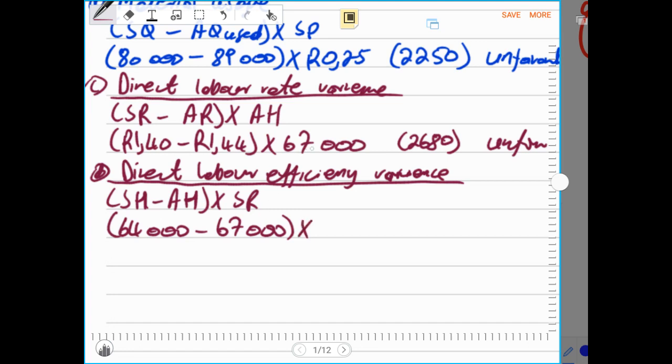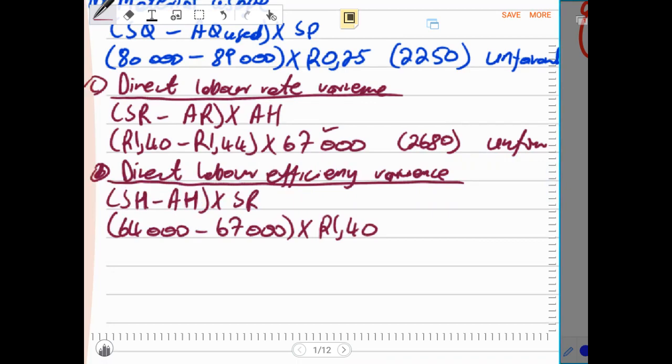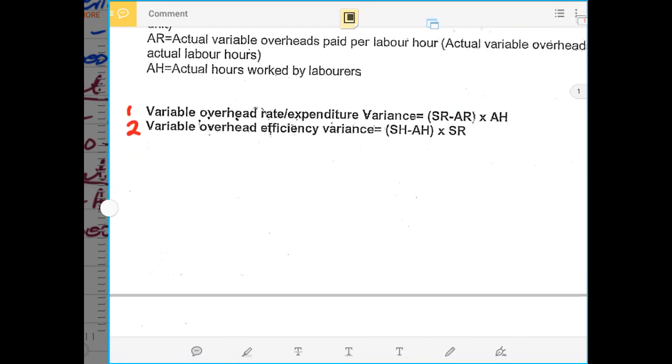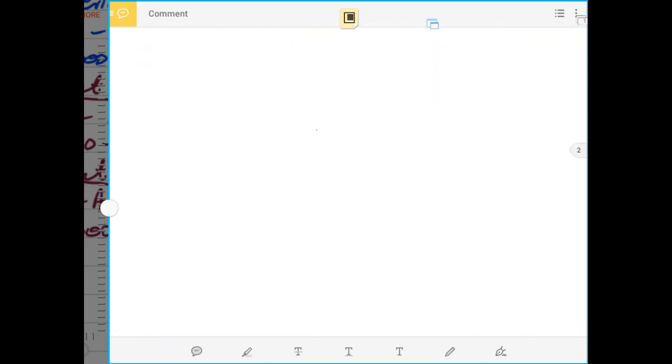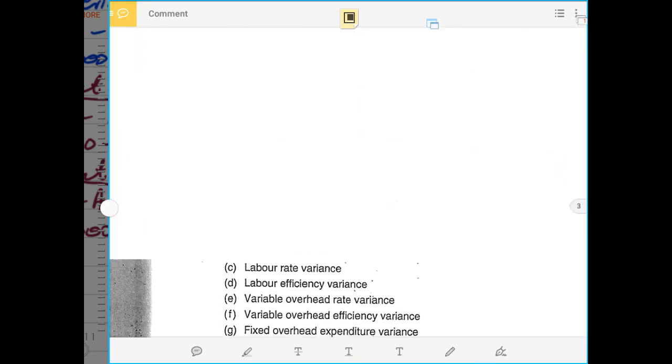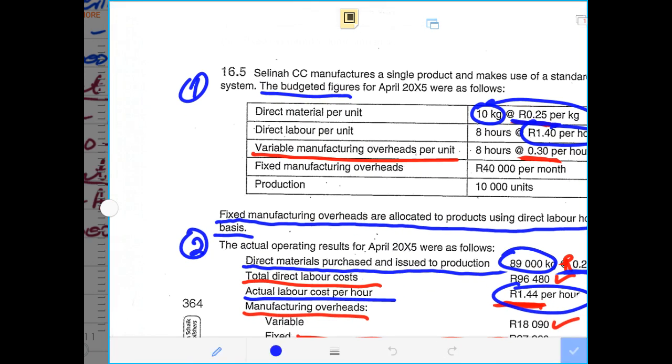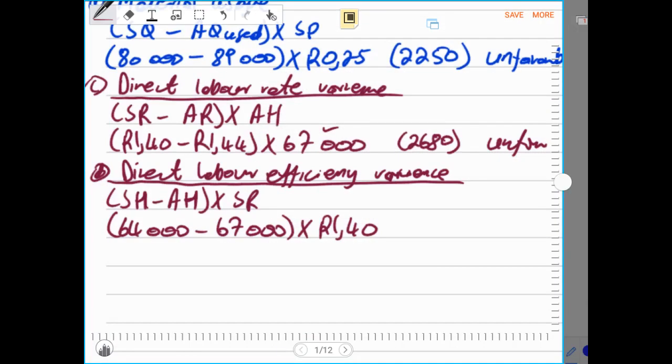Our standard rate is 1 rand 40 cents, and it is based on the budgeted information, which is provided to us. Don't forget, it's per labor hour, not per unit.